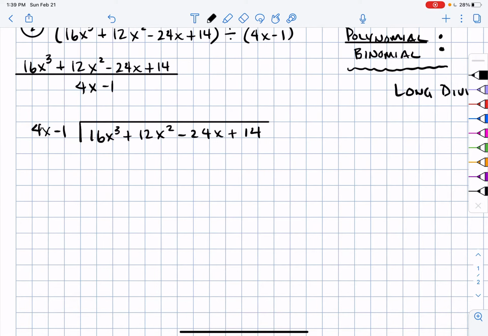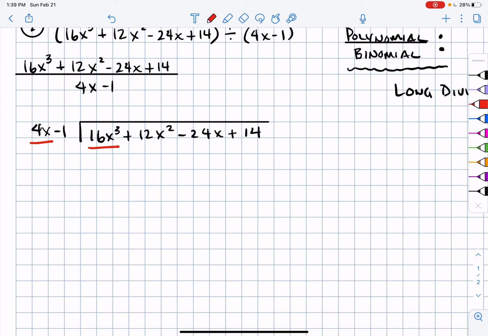All right, so now the difference between that 5 that I divided by is that I'm only going to deal with just that first term in both the numerator and denominator. So I'm only going to ask myself, how many times does this first term, 4x, go into the 16x cubed?